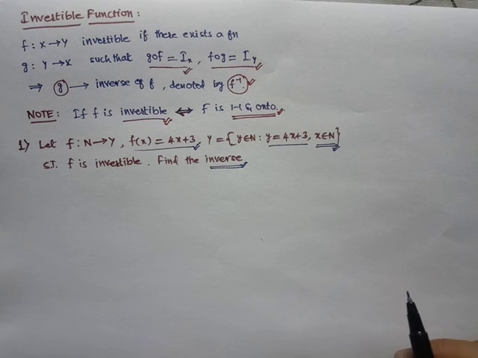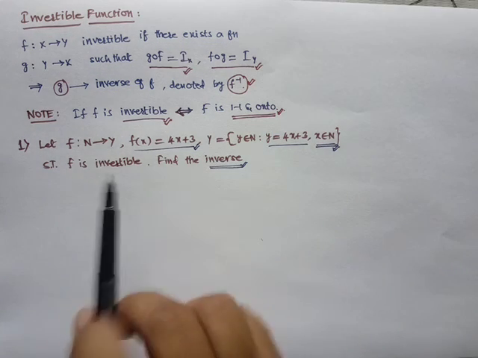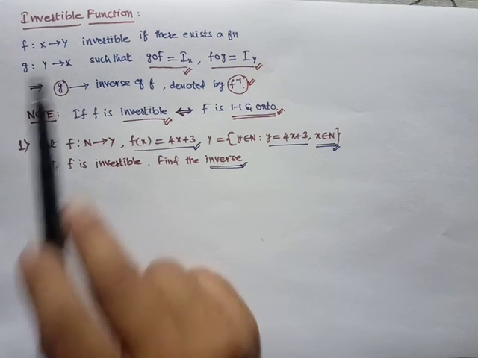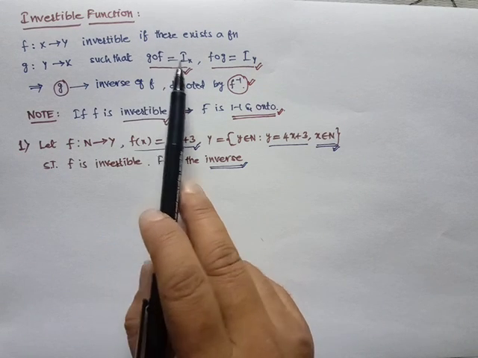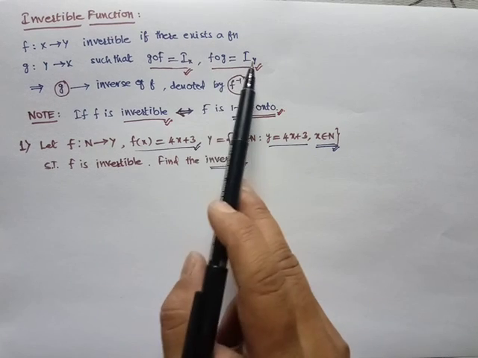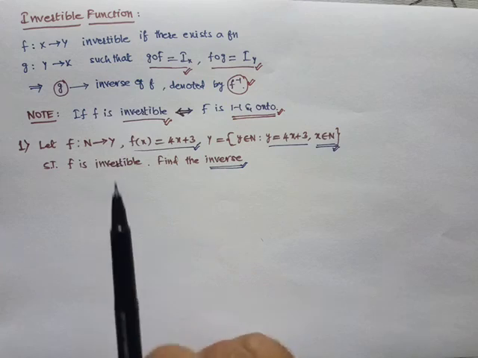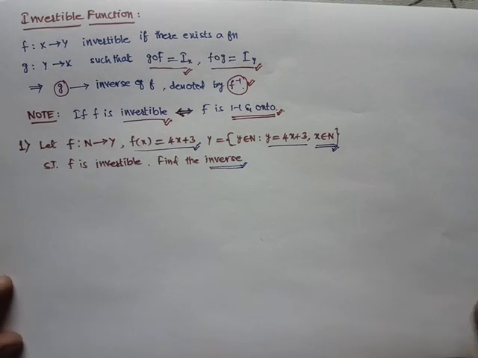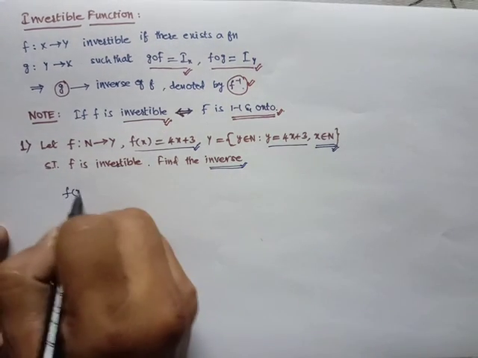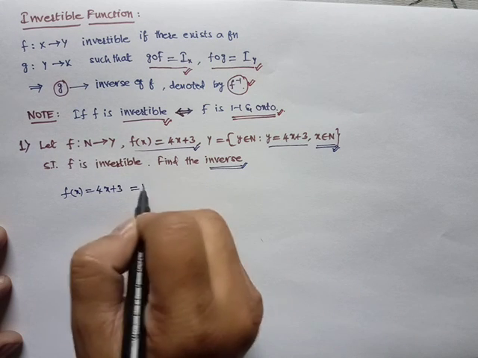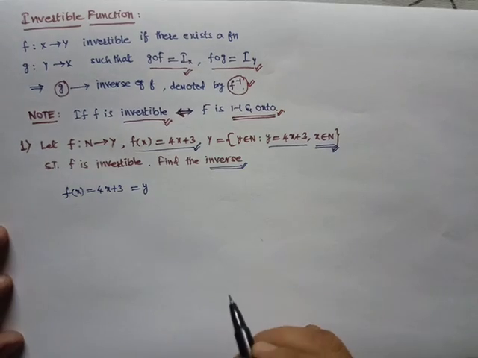To show that f is invertible, we require a function g from y to x such that g circle f is equal to ix and f circle g is equal to iy. This way we should get some g function. Then f of x is already given as 4x plus 3, so I'm considering it as some y.